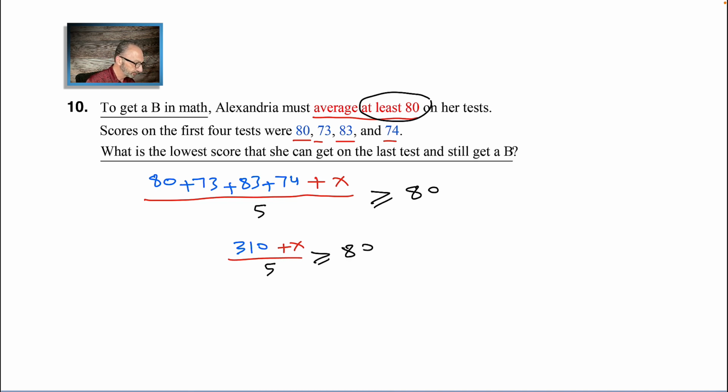We could multiply both sides by 5 over 1, and when you multiply by 5 over 1, which is positive, the inequality symbol stays the same and this number cancels. So I end up with 310 on the left plus X greater than or equal to 5 times 80, which is 400.